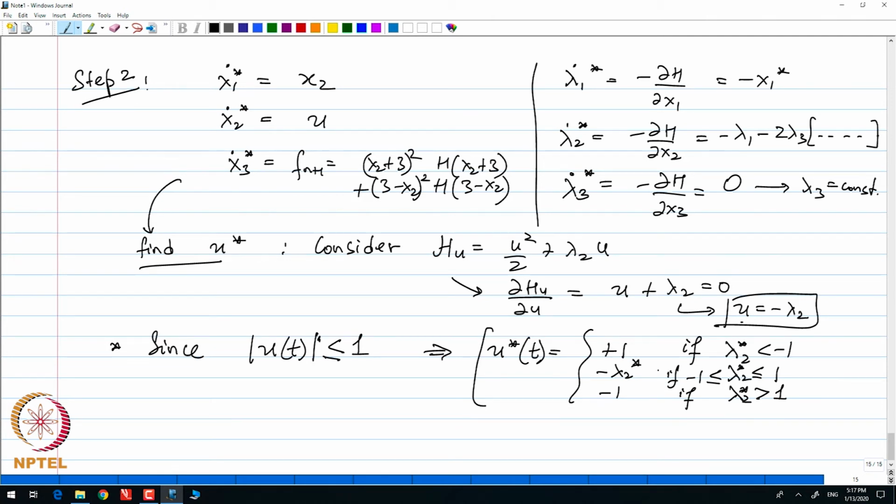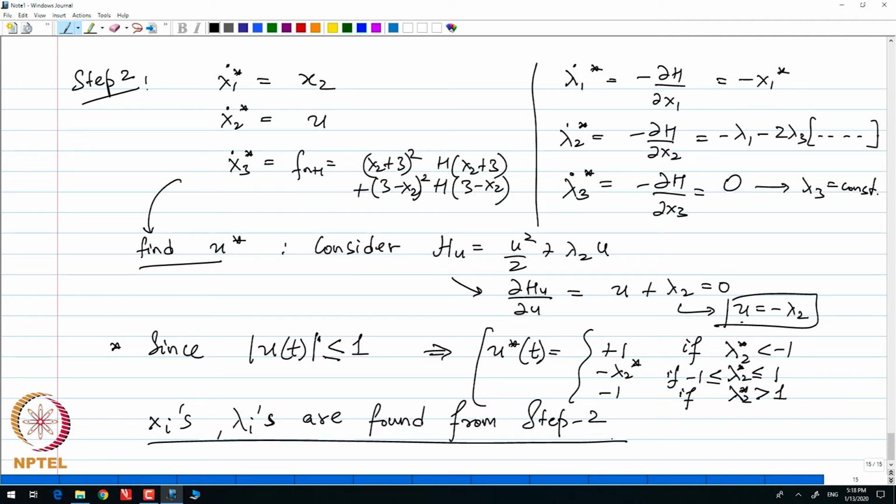I would just end the discussion in this example by saying that the x i's and lambda i's are found from step 2, and that should be the end of the discussion in this example. Okay. So, that highlights our penalty function method, where the penalty is placed on the state variable.